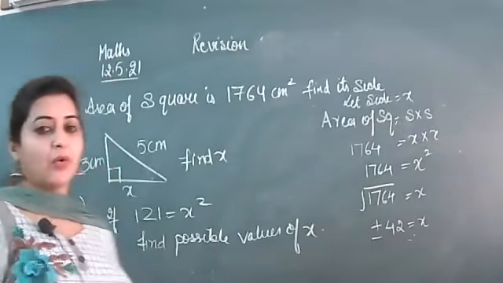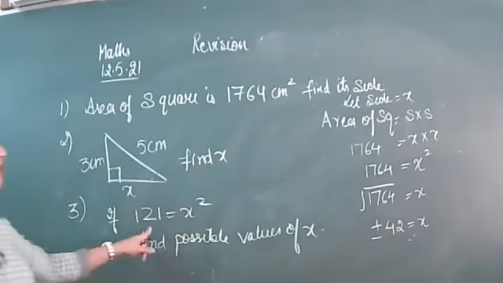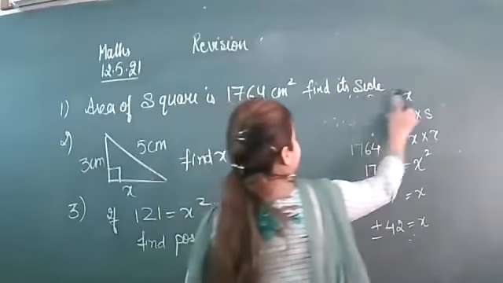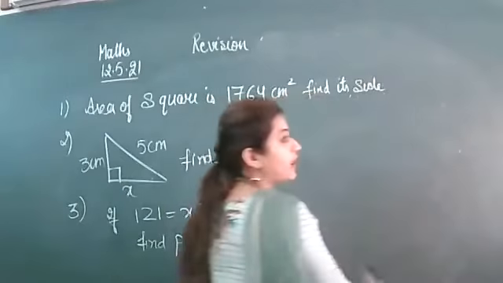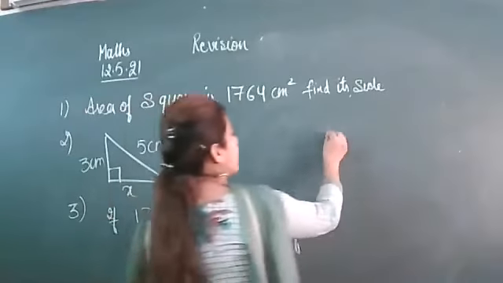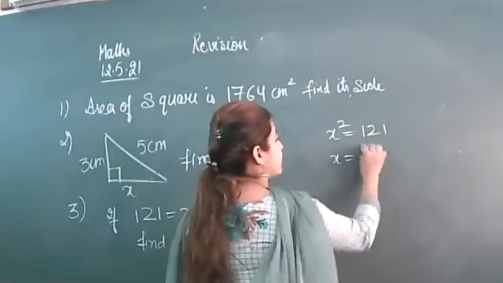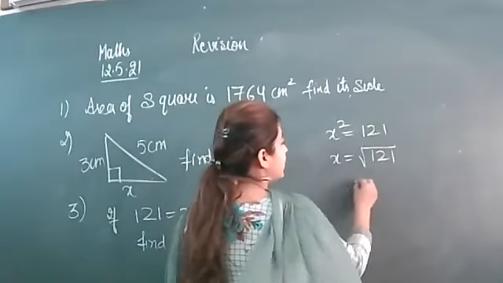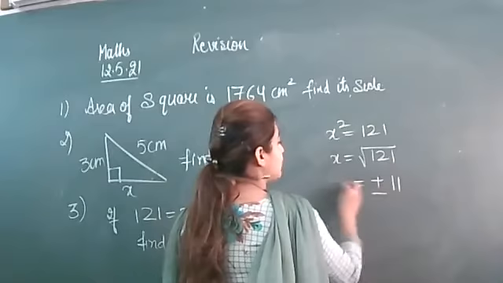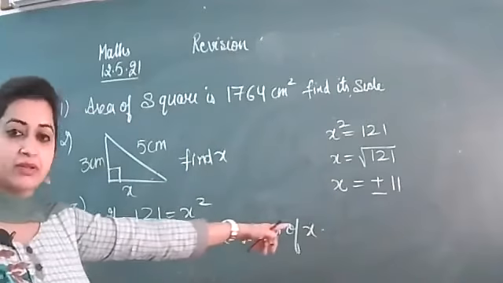Got it? Now, I have written 121 is equal to x square. Find the value of x. Now, x square is 121. x is equal to square root of 121, which is plus minus 11. So here the value of x has two values.